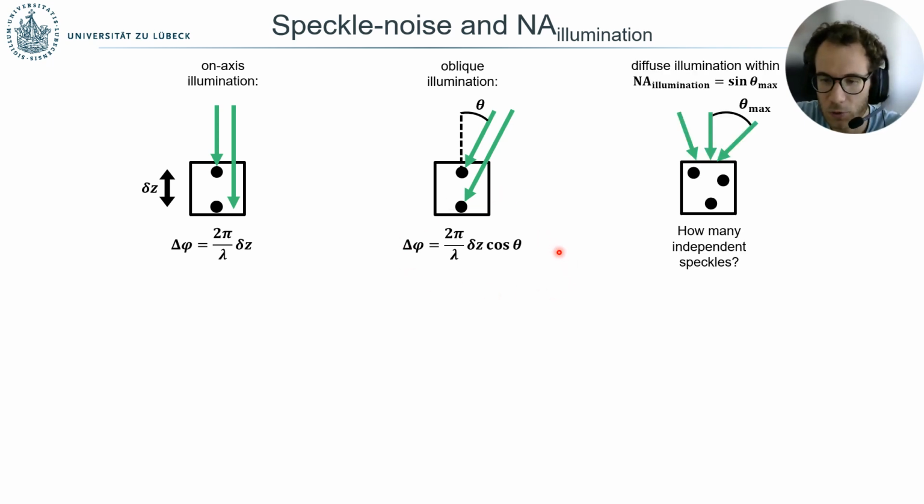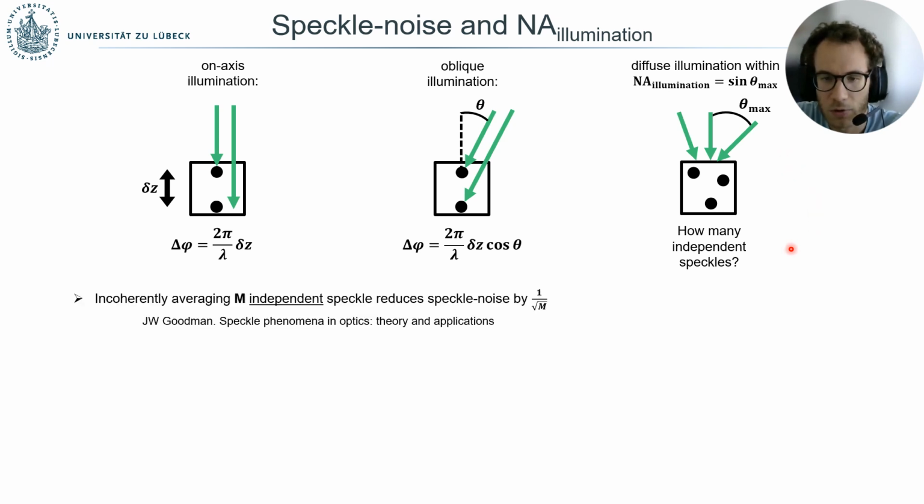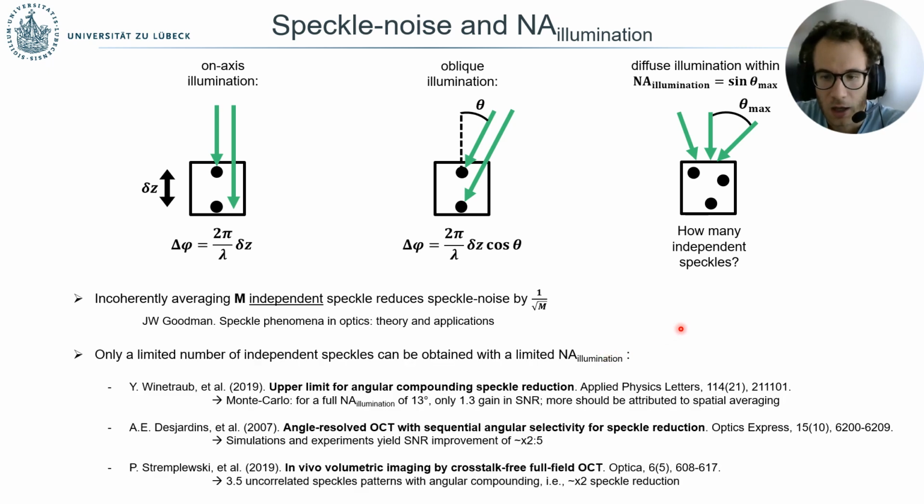And once we have diffuse illumination with a given maximum angle, and we are changing this diffuse illumination every volume, we're wondering how many independent speckles can we obtain? Because if we want to efficiently reduce speckle noise, we need to have independent speckles to reduce it with the square root of M. And based on the literature, we expected a very modest gain.